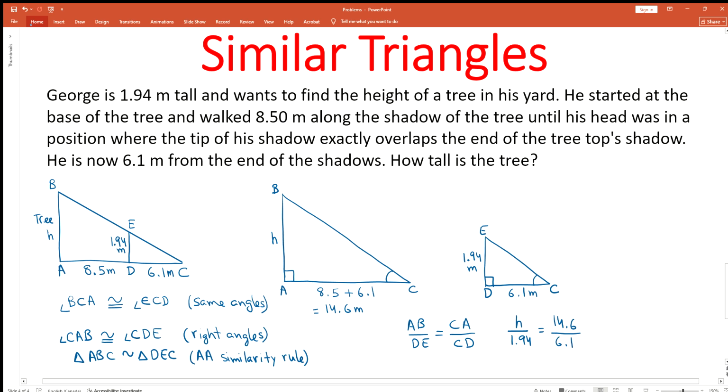We can isolate h in this equation by cross multiplying 1.94 to the right side of the equation. 1.94 times 14.6 over 6.1 is equal to 4.64 rounded to 2 decimal places, and the unit is meters. So this is the height of the tree. This should be the final answer for this problem.